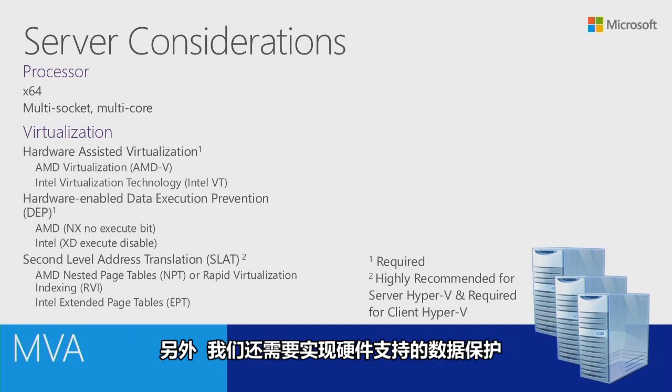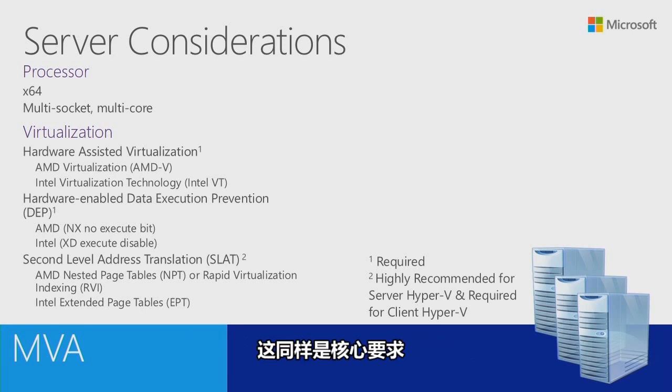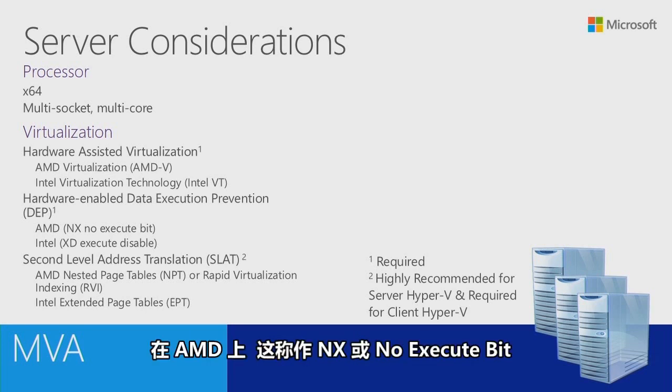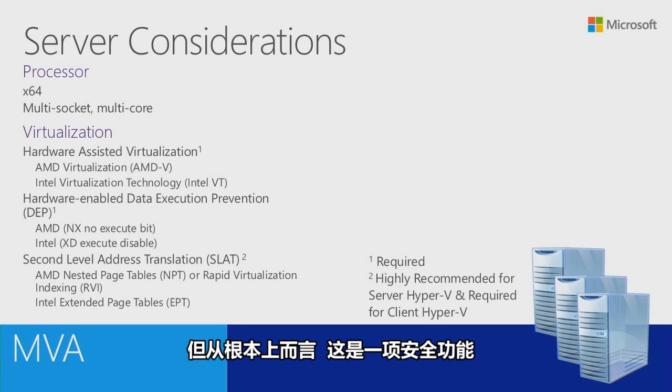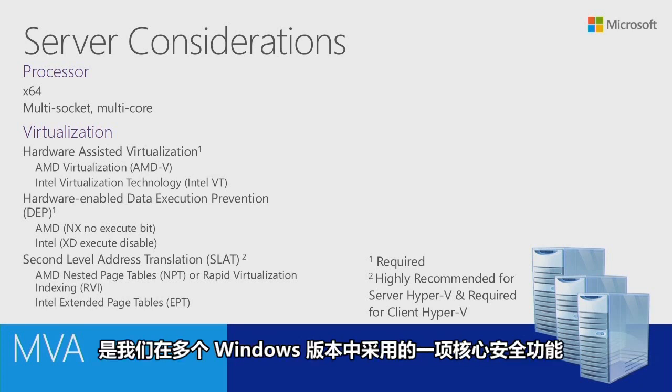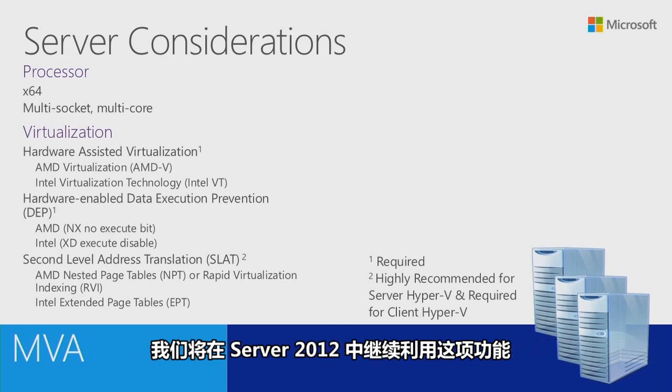In addition, we also require hardware-enabled data execution prevention. This is, again, a core requirement. On AMD, it's called NX, or the no execute bit. On Intel, it's called XD, or execute disable. Basically, this is a core security feature that we've taken advantage of for many, many releases in Windows, and we continue to take advantage of it in Server 2012.